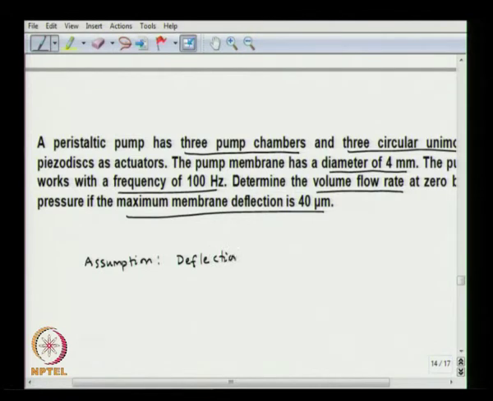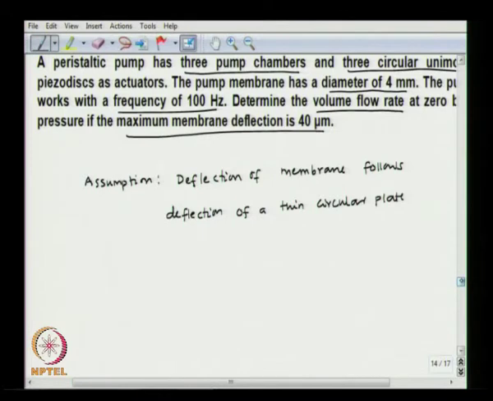So, in that case we can write the deflection y(r) as y0 times (1 minus r over R square) whole square.